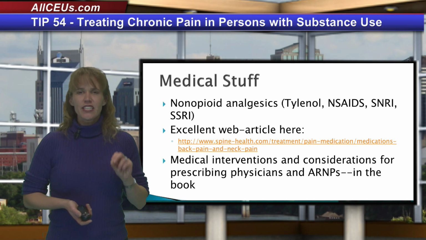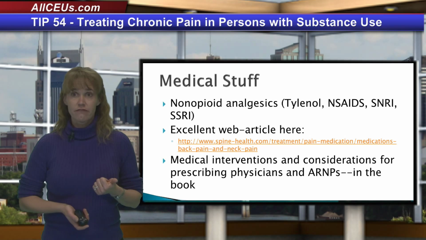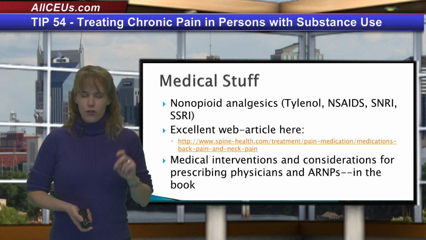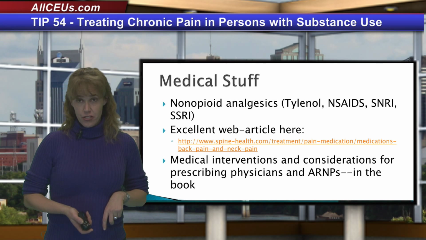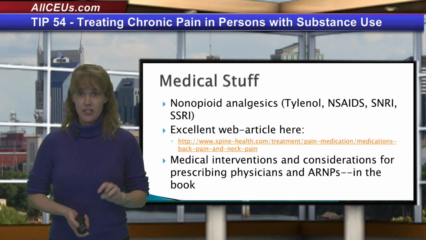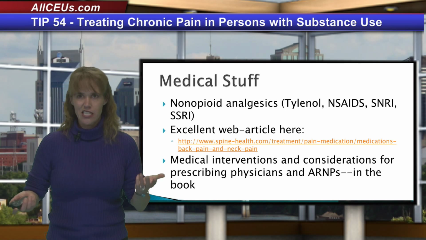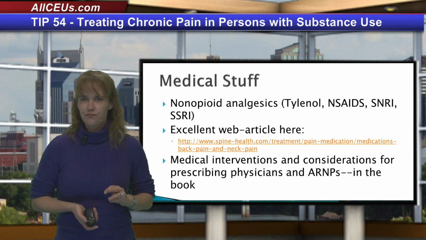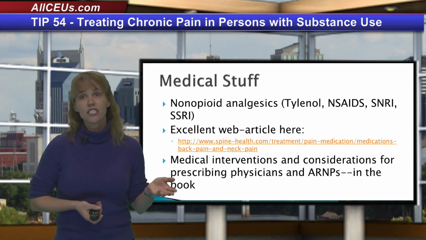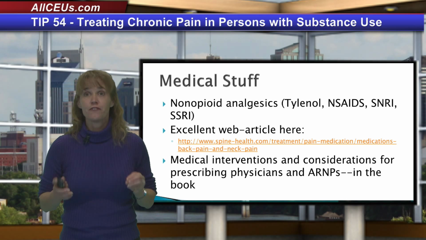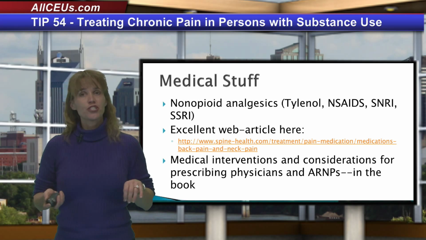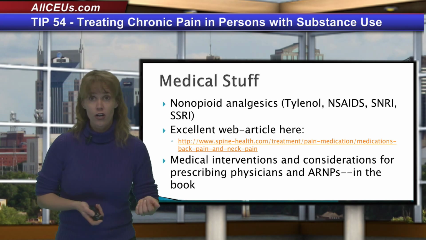Your non-opioid analgesics, Tylenol, NSAIDs like ibuprofen, selective norepinephrine reuptake inhibitors, and selective serotonin reuptake inhibitors, your antidepressants, your new generation antidepressants. This article at spinehealth.com provides a great overview of how these different medications work and how they can be tried, especially working with people with co-occurring history of substance use disorders.